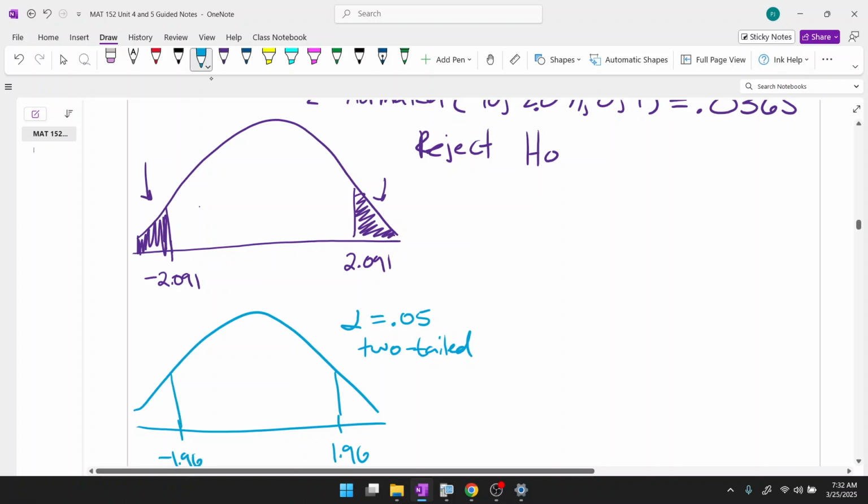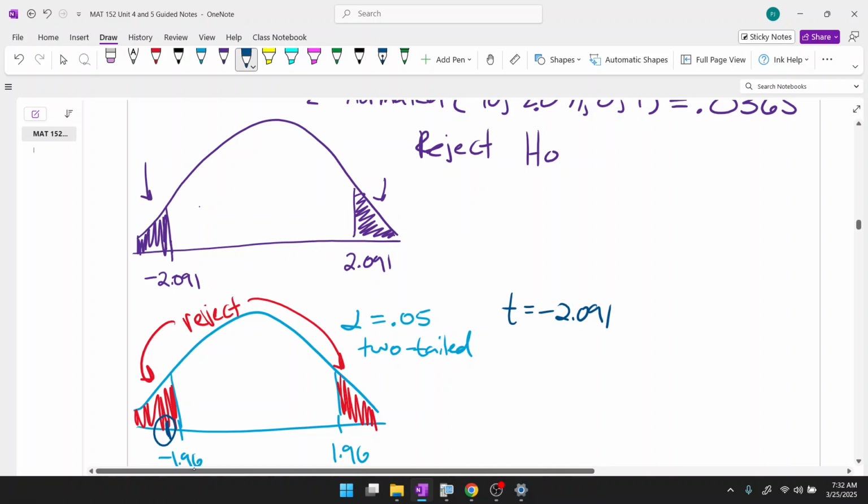Now, these regions, which I will shade in red, are known as the rejection regions. It can be rejected if it's here or if it's here. The z value that I gave you was negative 2.091, and that falls right here.